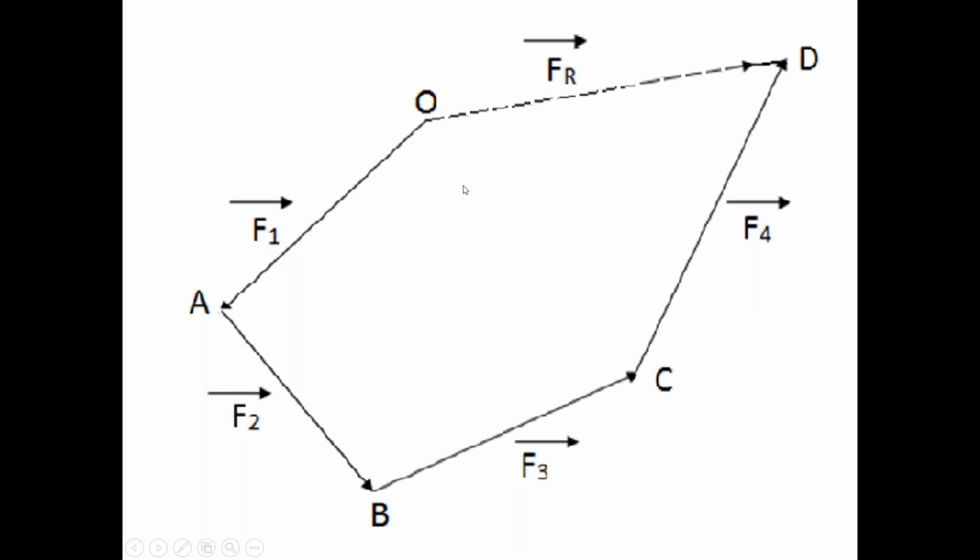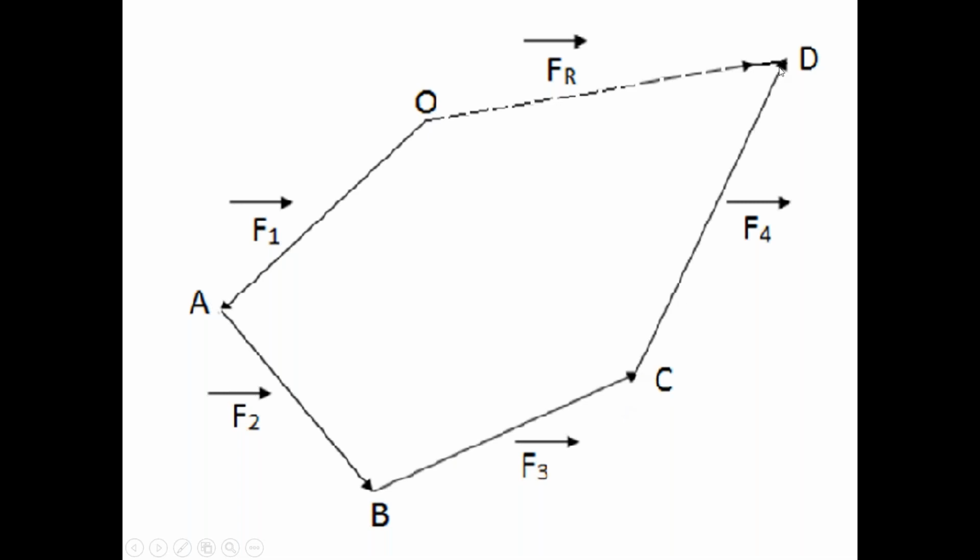In this diagram, we started the polygon from point O. Point O is called the starting point of the polygon. So please follow this carefully. In that polygon, OA is the first side, AB is the second side, BC is the third side, CD is the fourth side.